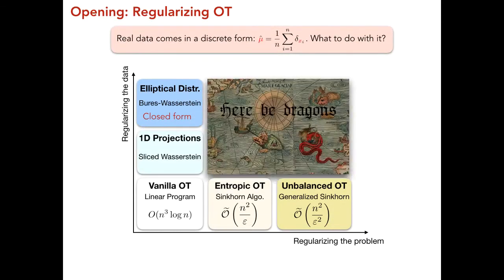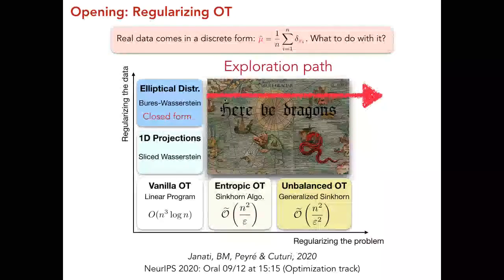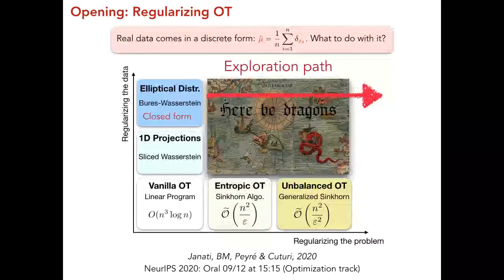And this is something we've explored with Hicham, Marco, and Gabriel Peyré last year. We showed that if we regularize the optimal transport problem by adding entropic regularization and even by relaxing the marginal constraints, then we still have closed forms.